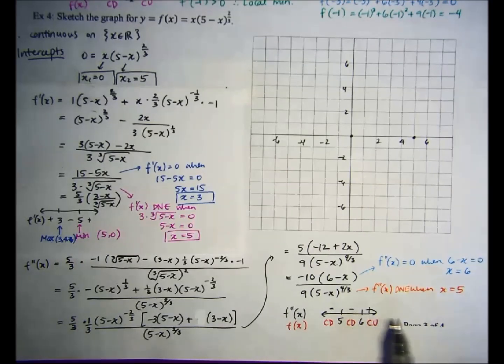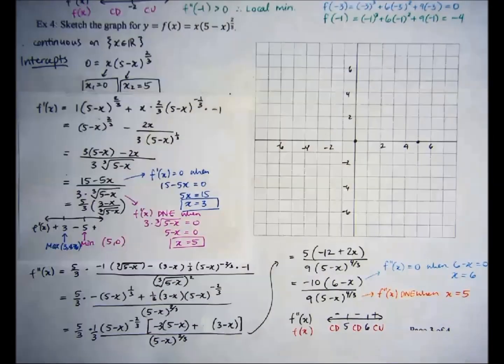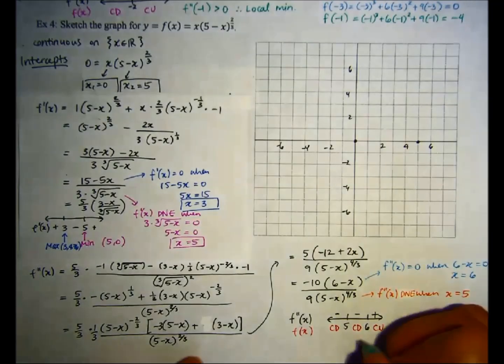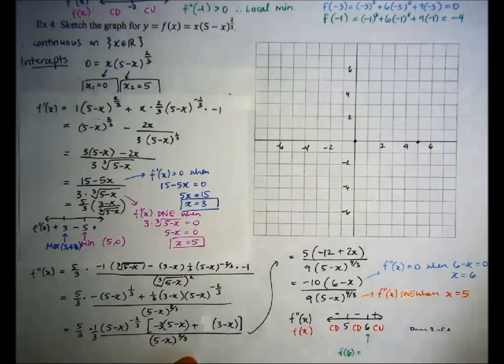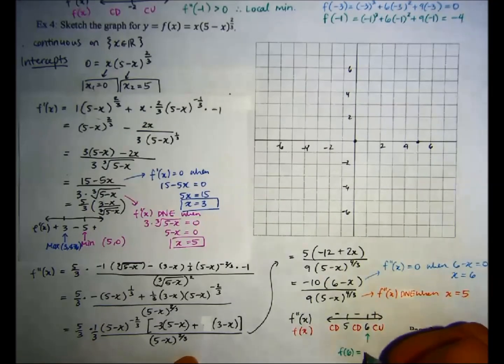Okay, but here, where the second derivative changes signs from negative to positive, so at x equals 6, we will have a point of inflection. So at the point f of 6, which is going to equal 6, that's a point of inflection.